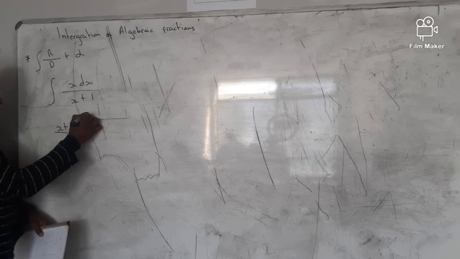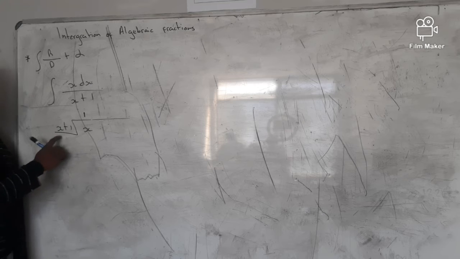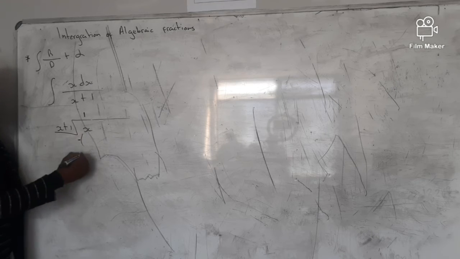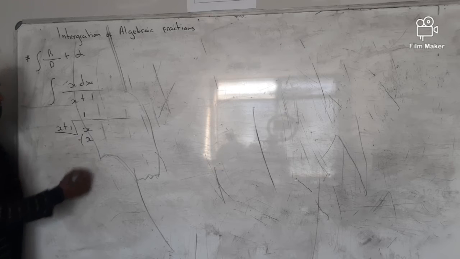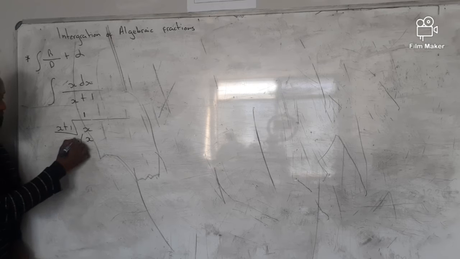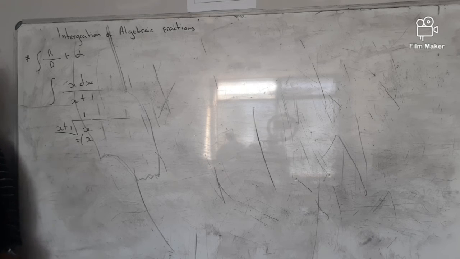Then we multiply 1 by x, and remember it will have a negative. 1 multiplied by x, you get x. You always have to subtract, so you always put a negative outside, so that they can cancel each other.